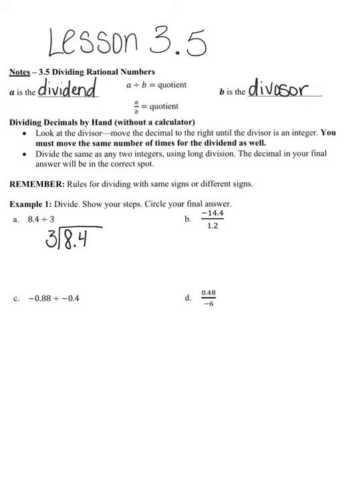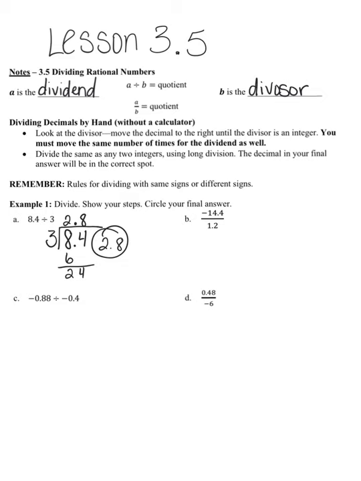We are just going to move the decimal point straight up, and then we are going to divide. So 3 goes into 8 2 times, and 3 goes into 24 8 times. So my answer here is 2.8.